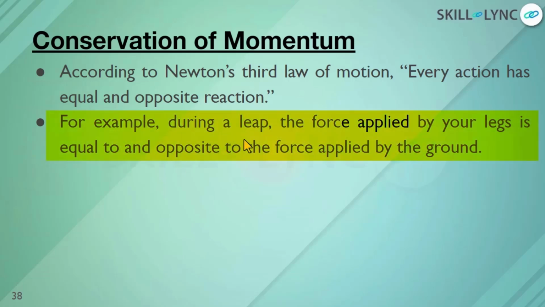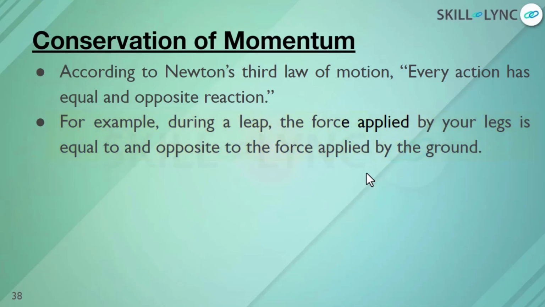For example, during a leap, the force applied by your legs is equal and opposite to the force applied by the ground. Like, if a person is walking on the ground, the force applied by his legs on the ground will always be equal and opposite to the force applied by the ground on his legs. This states Newton's third law of motion.